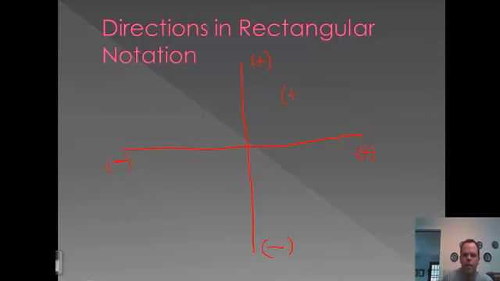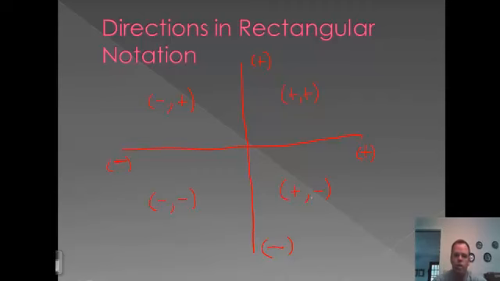So this quadrant up here would have a positive, positive. This quadrant would be negative x, positive y. This quadrant would be negative x and negative y. And this quadrant would be positive x, negative y.